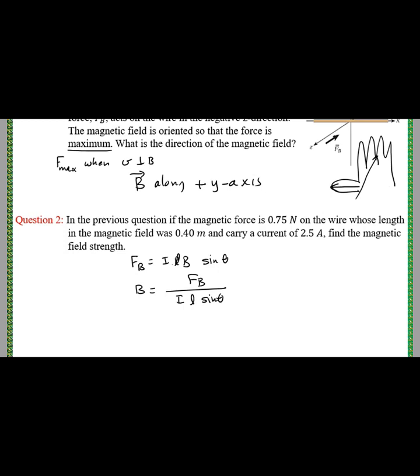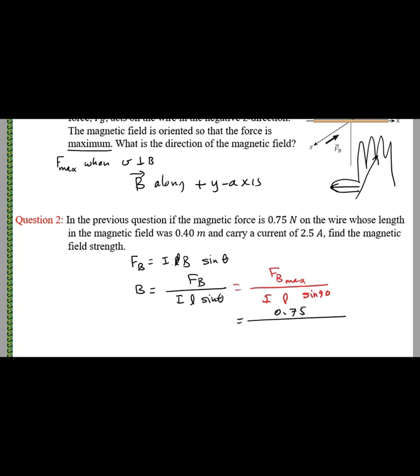Now, since the force is maximum, we put sine 90. Put your numbers. FB is 0.75. The current is 2.5. The length is 0.4. Sine 90 is 1. So the answer is 0.75 over 2.5 times 0.4.